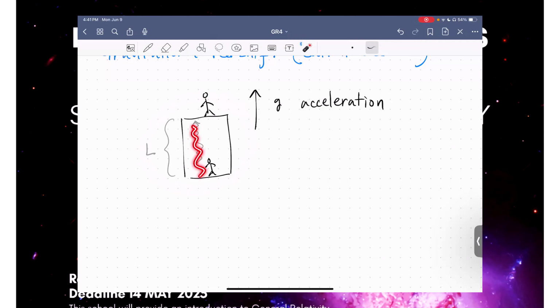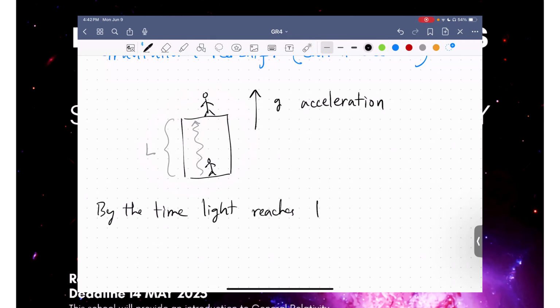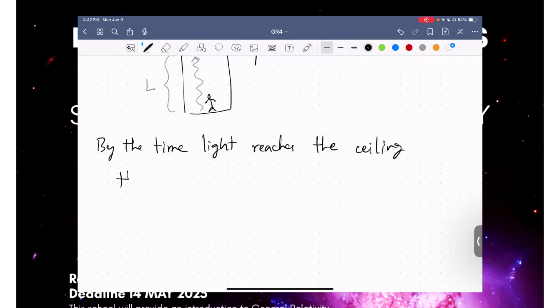By the time light reaches the ceiling, this observer will have gained some extra velocity due to the acceleration.